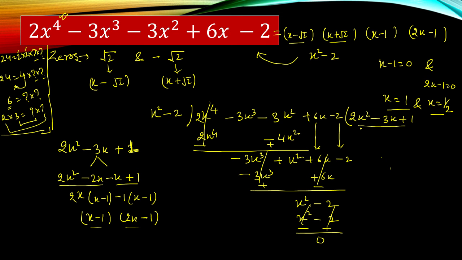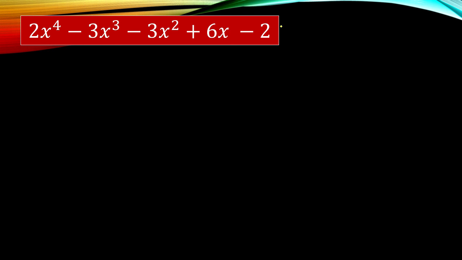Now in the shortcut, we will find this quotient without the division method. How can we find this quotient without division? Let's see. Now definitely we have two zeros, that are root 2 and minus root 2.